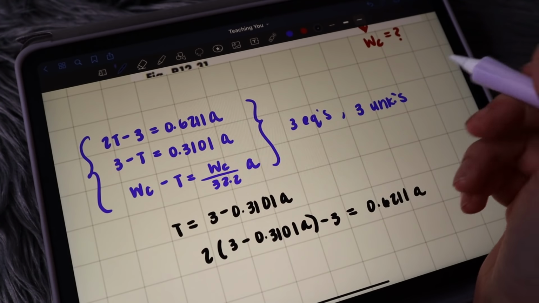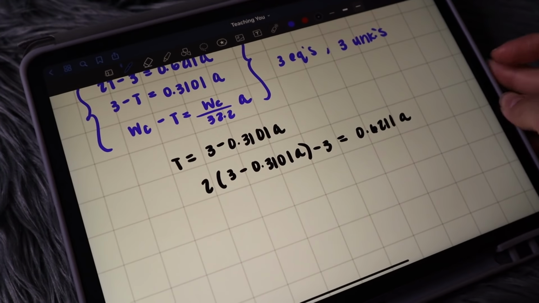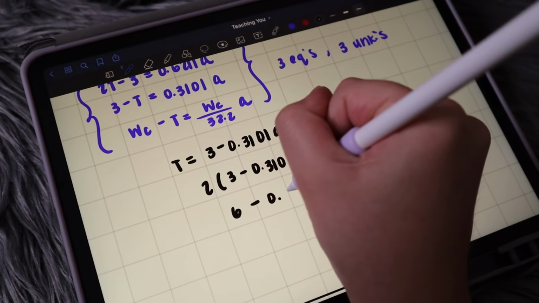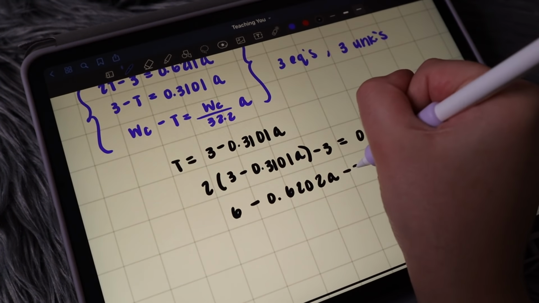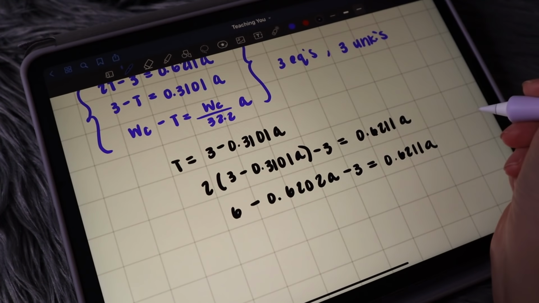So yeah, you could just do it this way. It is a little tedious, but whatever you prefer. So you have 6 minus 0.6202a minus 3 equals 0.6211a.